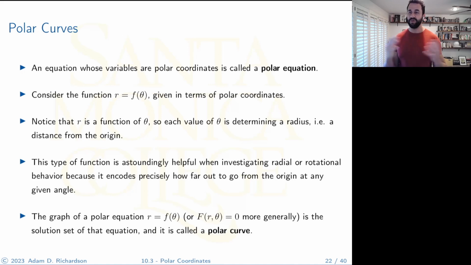So this is a brand new way of describing anything that has any kind of radial behavior. You can do it almost all the time more succinctly with polar coordinates, right? The graph of a polar equation is the solution set of that equation. It's basically the curve that represents that equation, and it's called a polar curve. A polar curve. And now we're going to see how to make these things.